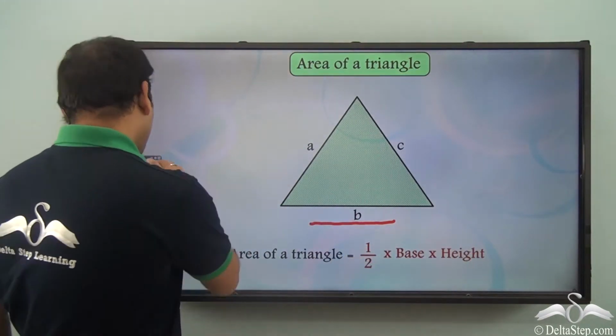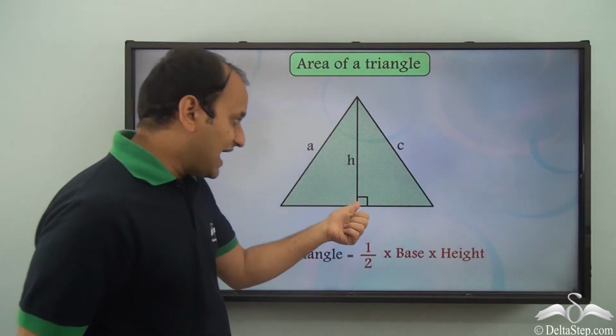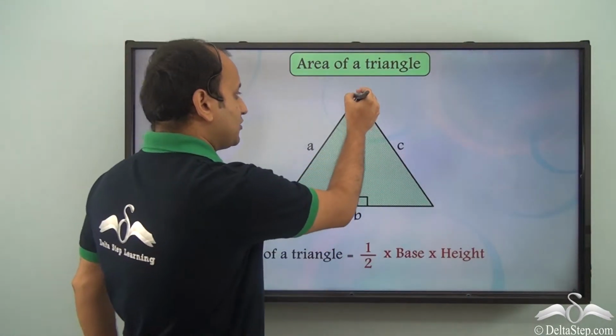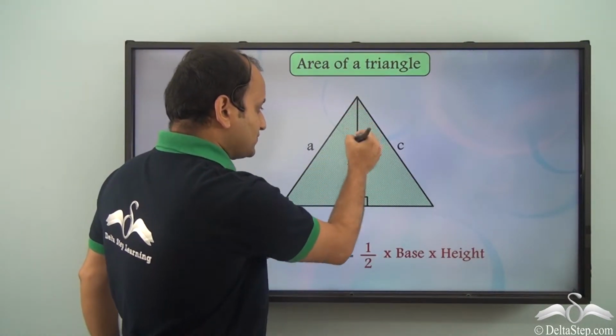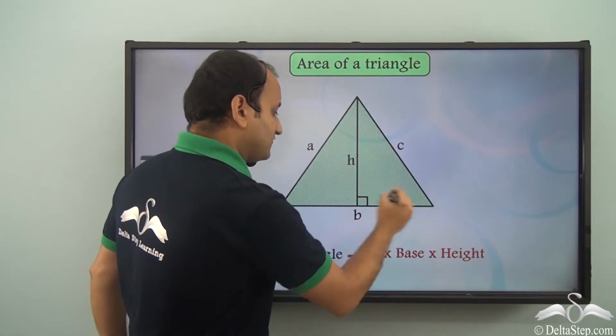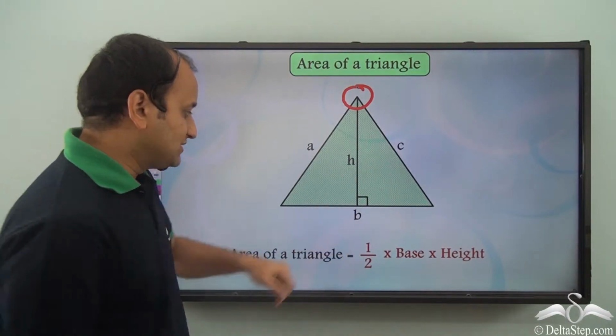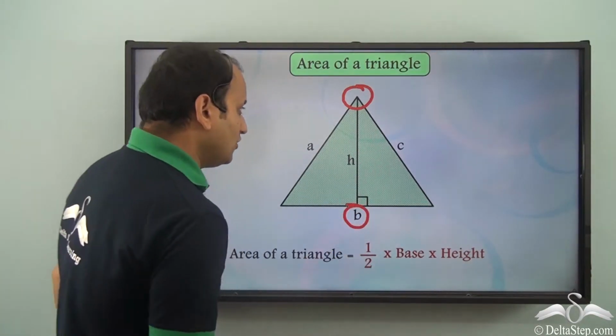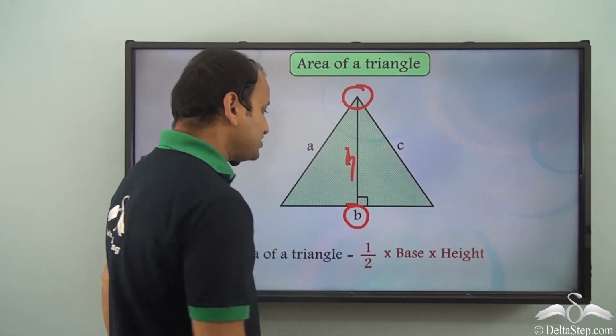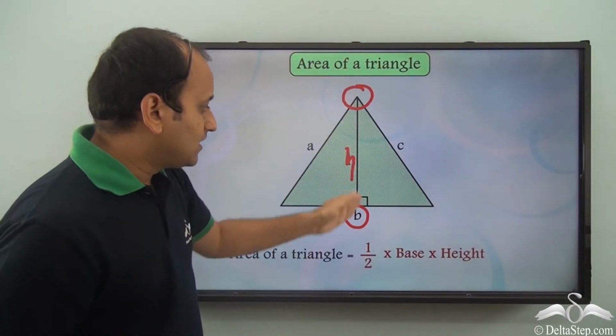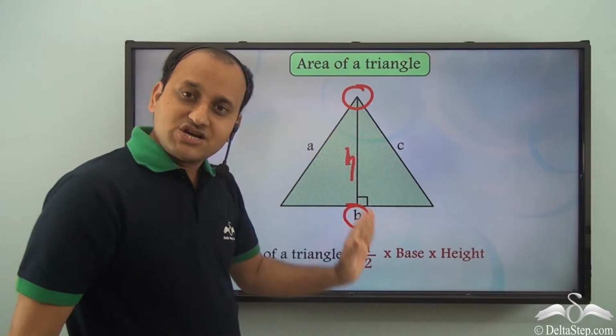Well, in order to calculate the height, you need to drop a perpendicular from the opposite vertex of the base. So, this is the opposite vertex to this particular base. So, we drop a perpendicular from here, and this length h is the height of this particular triangle.